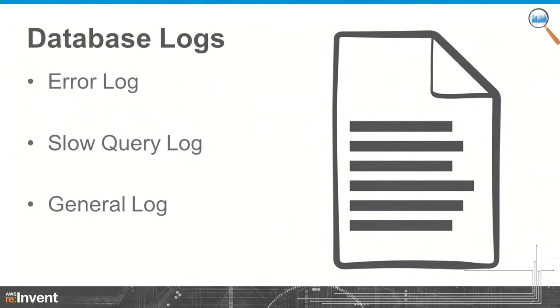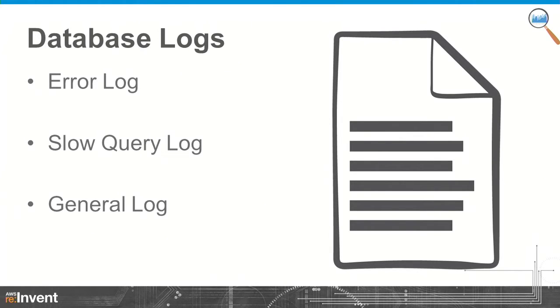So another way to diagnose database-specific issues, of course, is logs. And if you're a MySQL user, you should be pretty familiar with the types of logs that are supported by MySQL. So you have error logs, slow query logs, and general logs, each with different purposes and characteristics.